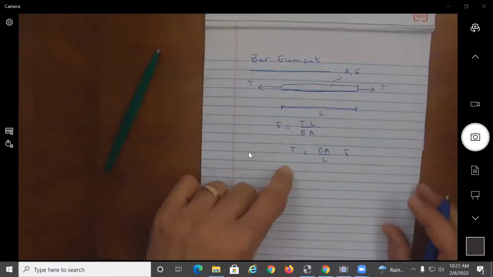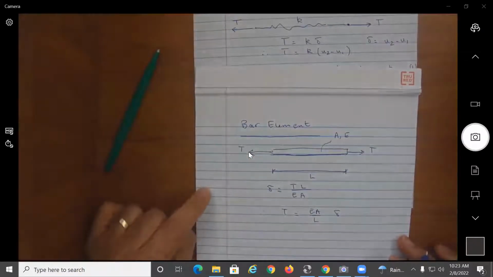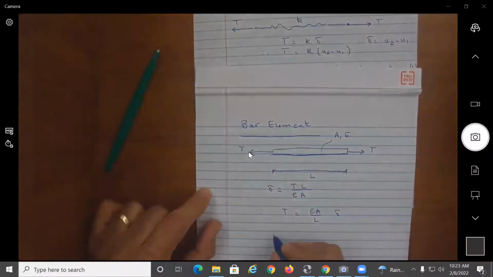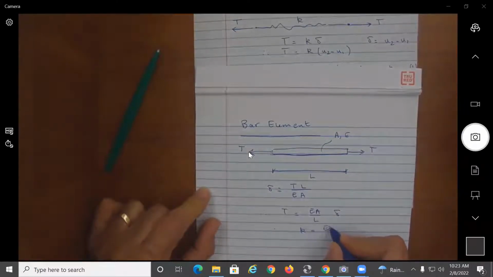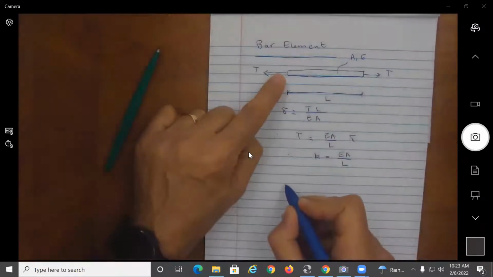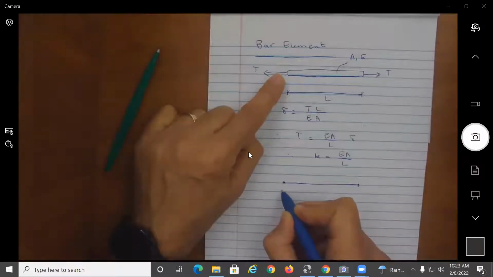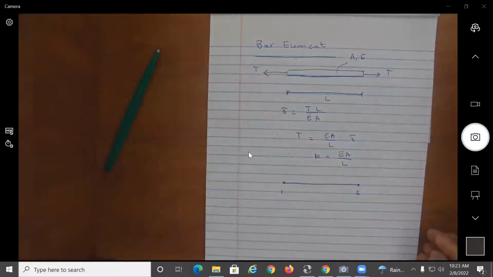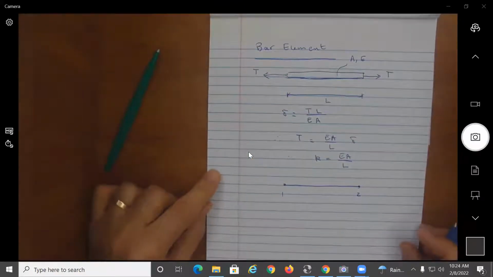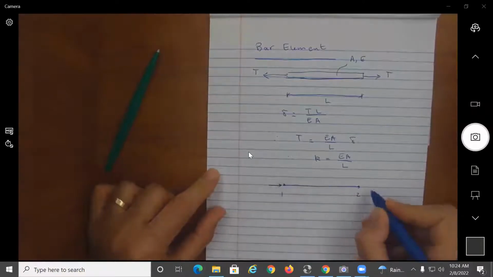Which, if I compare this to the spring, T equals K times delta, I can say that K is equal to EA over L. So a bar element may be represented exactly like we did the spring, using two nodes, 1 and 2. And at each node, we have 1 degree of freedom.